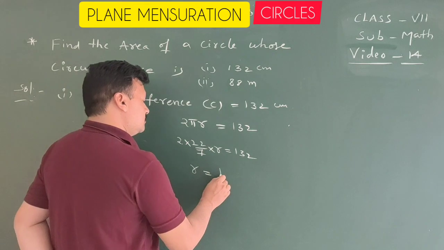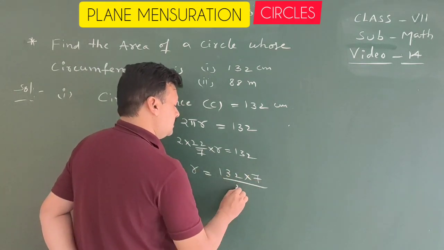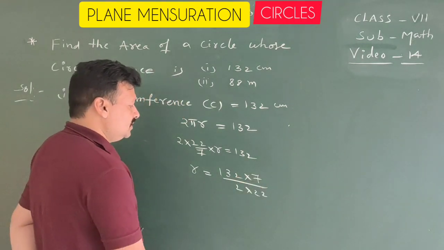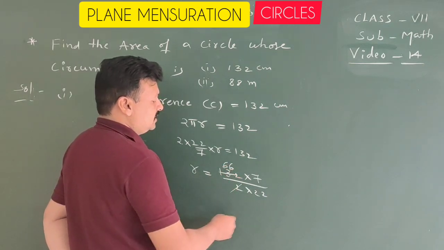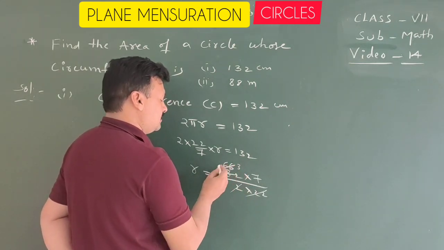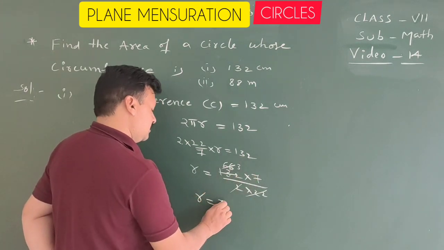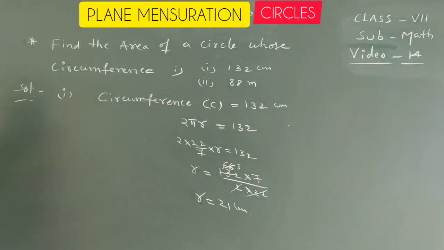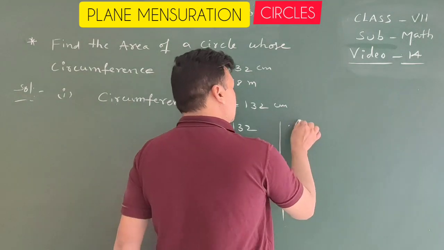Here r equal to 132 into 7 by 2 into 22. Here 66 times, 22 here 3 times. So r equal to 3 sevens, 21 centimeters. R is 21 centimeters. Now we can find its area.